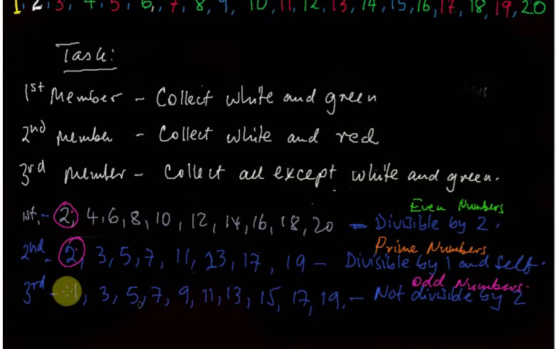So that's why it falls under only one category: numbers which are not divisible by 2, odd numbers. It does not fall into prime numbers because it cannot have 2 characteristics. It can either be 1 or it can be self, but it cannot be 1 and self, while self is 1 and 1 is 1. So that's why it is only appearing in odd numbers.